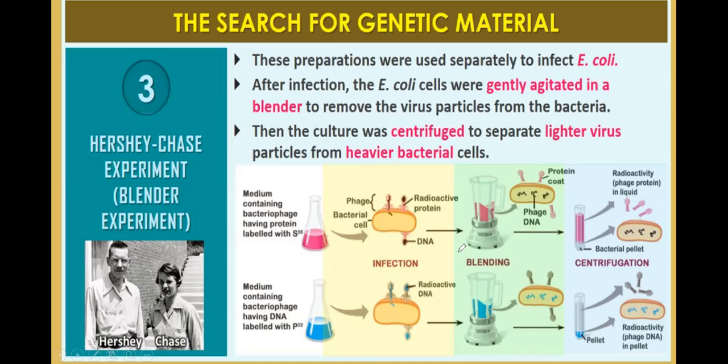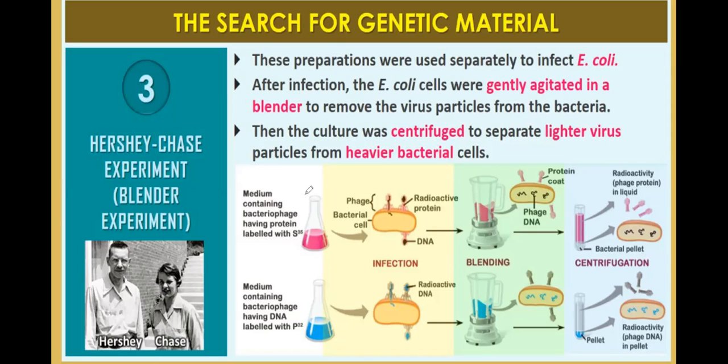Then blending was done. Here, the medium containing bacteriophage having protein labeled with S35. Labeling is something like, if you are a school student, you may be labeled by which house you belong to. Your school will give you a green colored t-shirt.